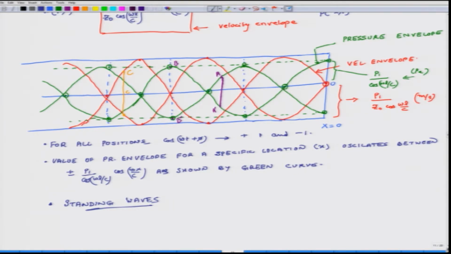Suppose you have a rope for instance, and you are vibrating this rope up and down, then the rope appears like this.